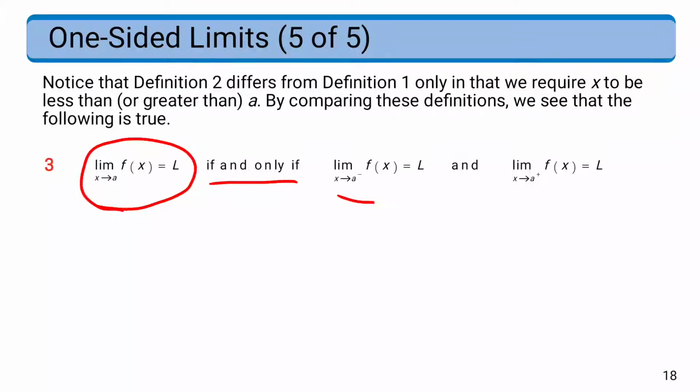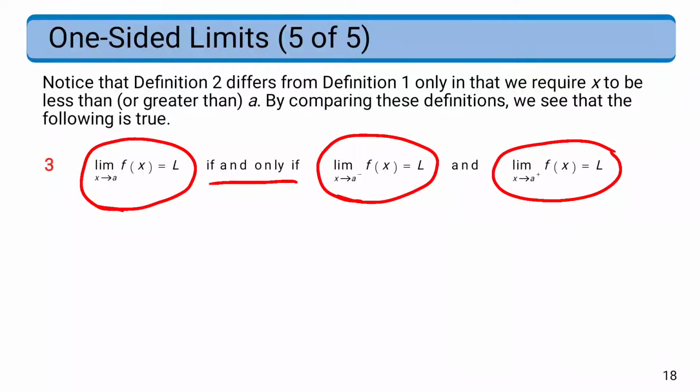So it means the left side limit as x goes to a from the left of f of x is L, and also the right side limit is also L. So they exist and they are the same.